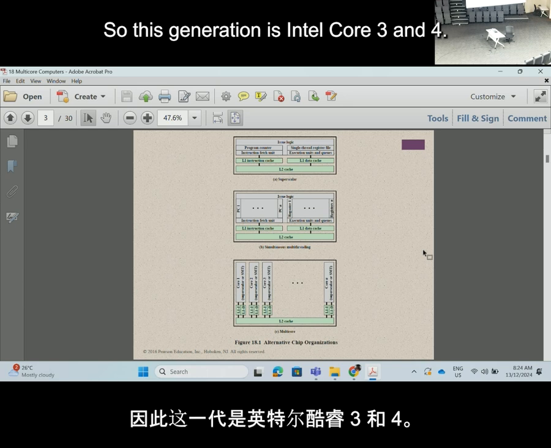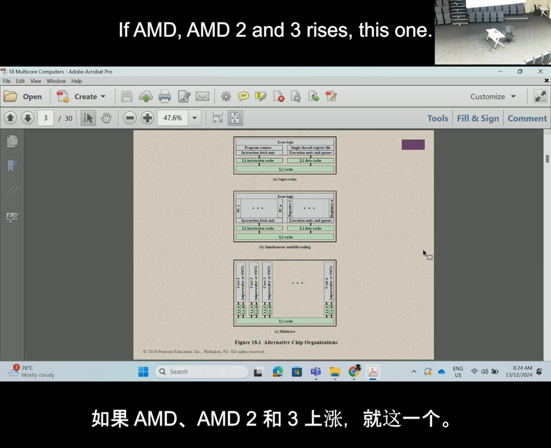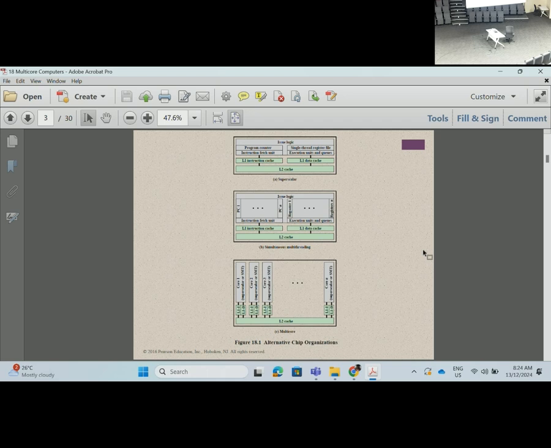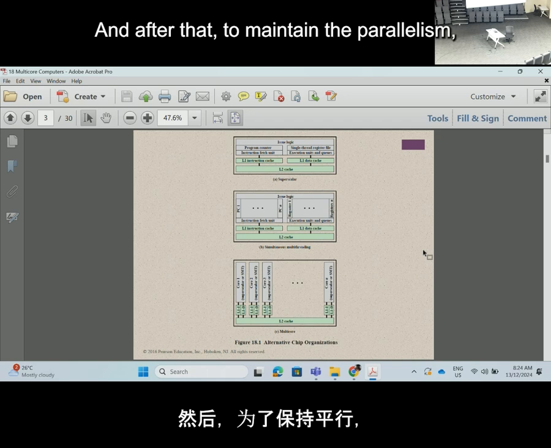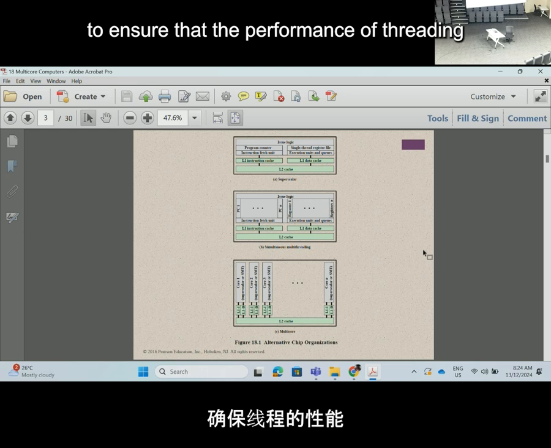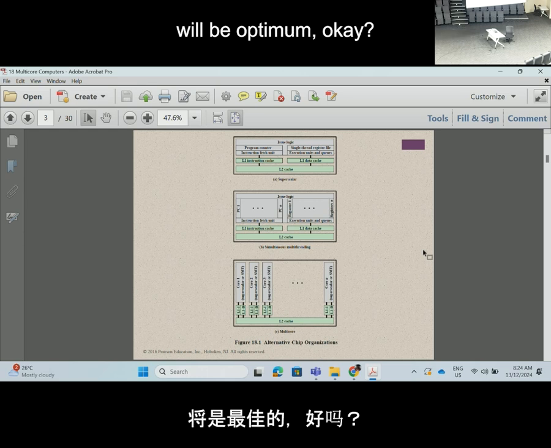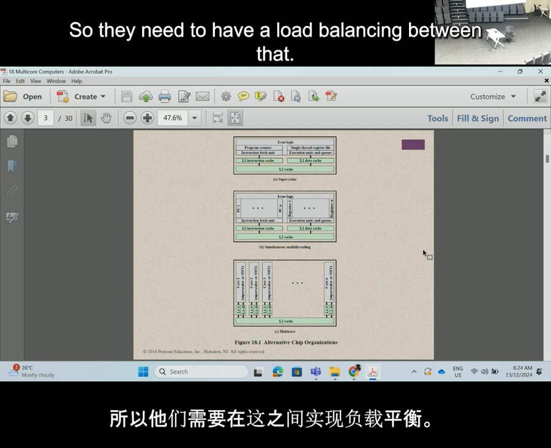So this generation is Intel Core 3 and 4. For AMD, it is the AMD 2 and 3 Ryzens. And after that, to maintain the parallelism, to ensure that the performance of threading will be optimum, they need to have load balancing between them.